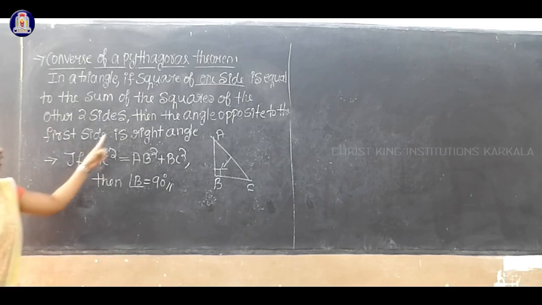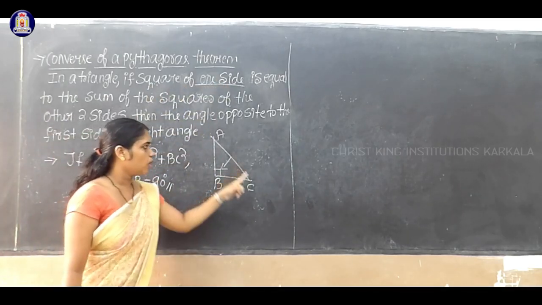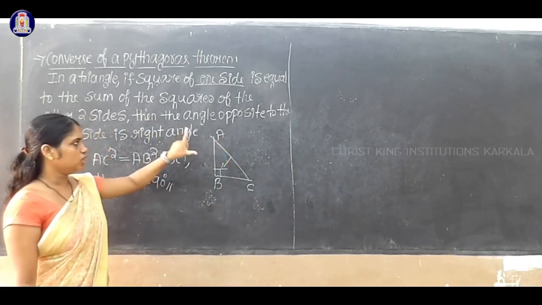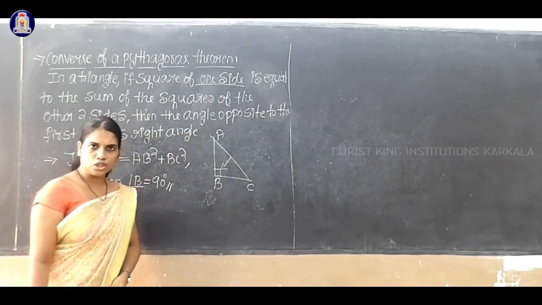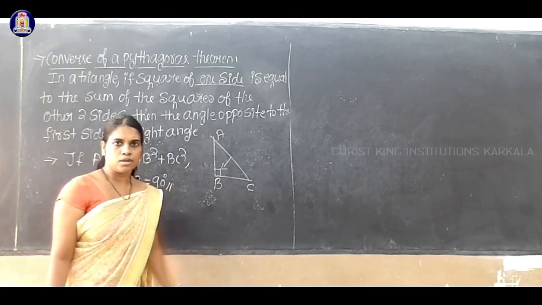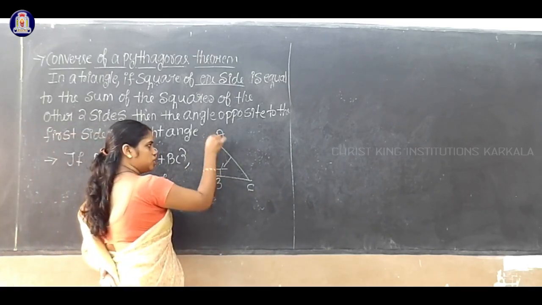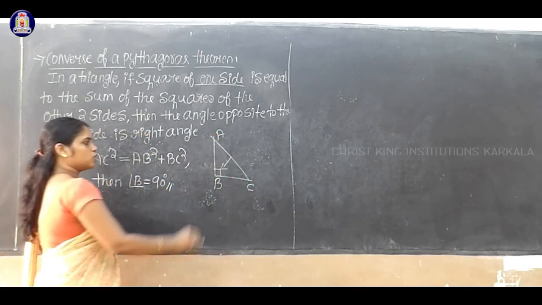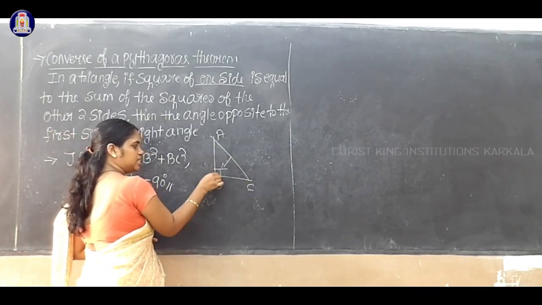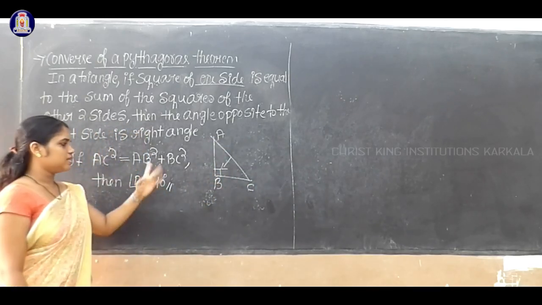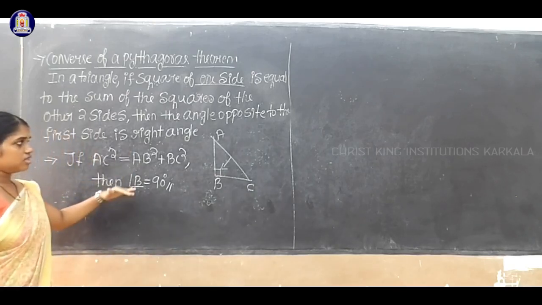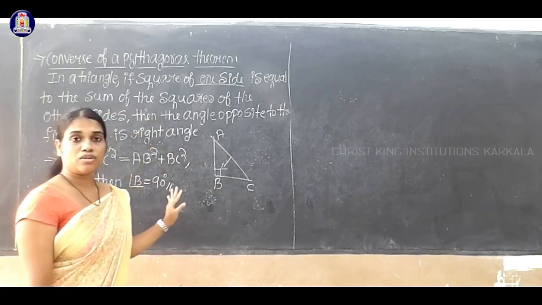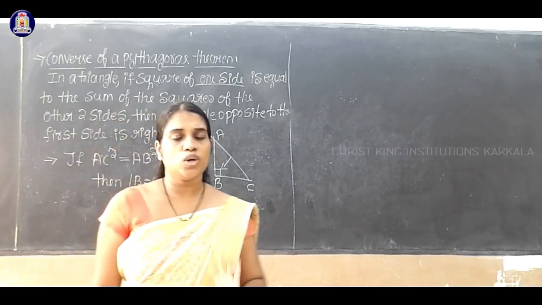According to this statement, if the square on one side, that one side I will consider as AC, if the square on this side AC is equal to the sum of the squares on the other two sides, that is AB square plus BC square, then the angle opposite to the first side, which is your first side? The first side is nothing but AC. So the angle opposite to the side AC is a right angle. Right angle means equal to 90 degrees. That is about the converse of the Pythagoras theorem. Okay, just remember this, important for 1 mark. Okay, proof is not needed, only the statement is enough.